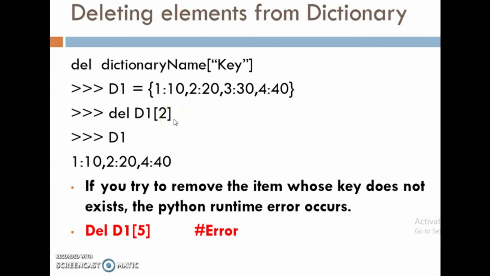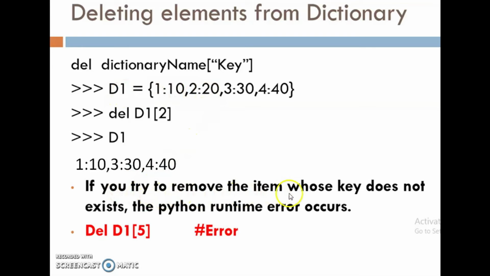Then the second key value pair is deleted from this particular dictionary, that is D1. At the time of printing this dictionary D1 we can see 1:10, 3:30, 4:40. The second key value pair is deleted from this dictionary D1.